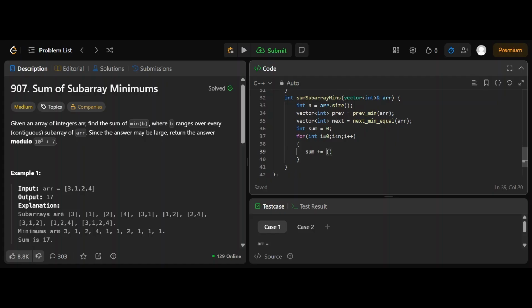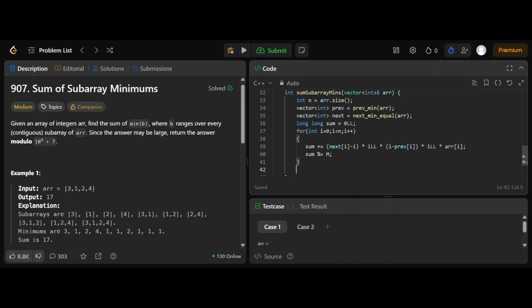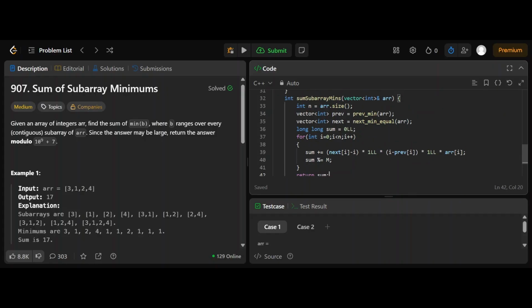Sum plus equal to (next of I minus I) into 1ll into (I minus previous of I) into 1ll into our current element, which is array of I. Sum modulo equal to m. Let me make this sum long only as of now. Okay, and we will return this sum. One thing we have to do is, if next of I is equal to minus 1, we will set next of I as n.